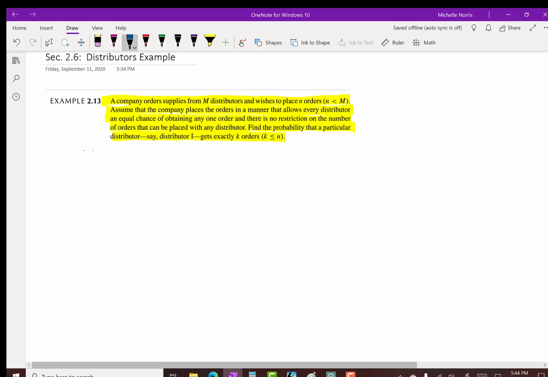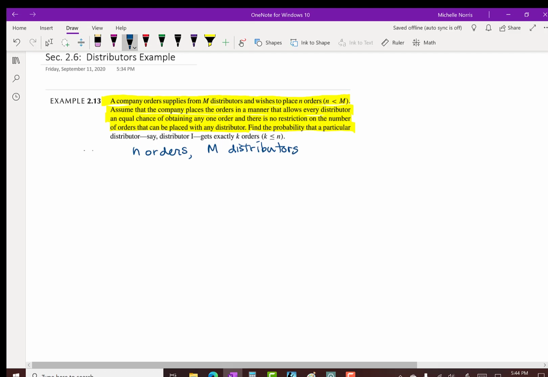So in this problem, let's first figure out the number of outcomes in the sample space. The company is going to place these N orders among these M distributors. I think it's helpful to actually think about how they would do this.